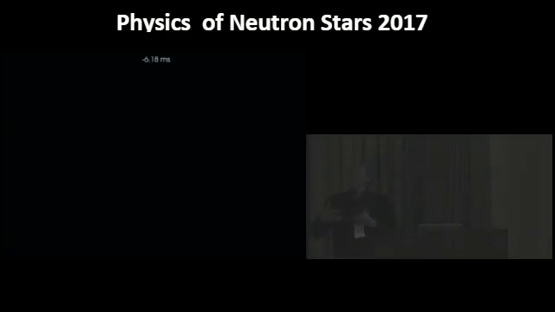The bluish and greenish colors are low entropy, and reddish and yellow colors are high entropy. Now, we measure entropy in units of Boltzmann constant per baryon. It turns out this is a really nice scale because it ranges from about 3 to about 30 in the supernova context. So it's a nice scale, and in some sense it's logarithmic because it goes with ln omega. So let's play this movie.